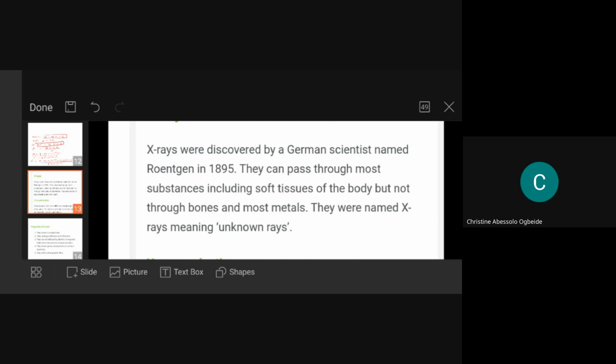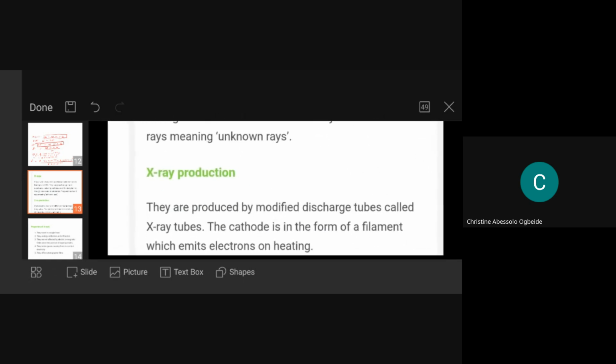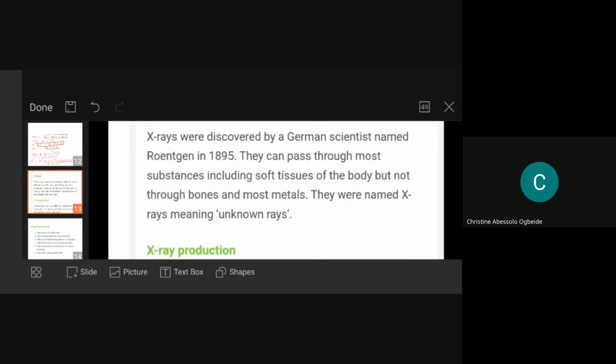All right. So the thing is that basically what I want us to know on this, because you might not be asked to define X-ray, neither will you be asked who founded X-ray. All this information given here is basically for information's sake, for us to have it at the back of our mind, so that at any point we are going through the questions, we are reading through the topic, we just have a good background.